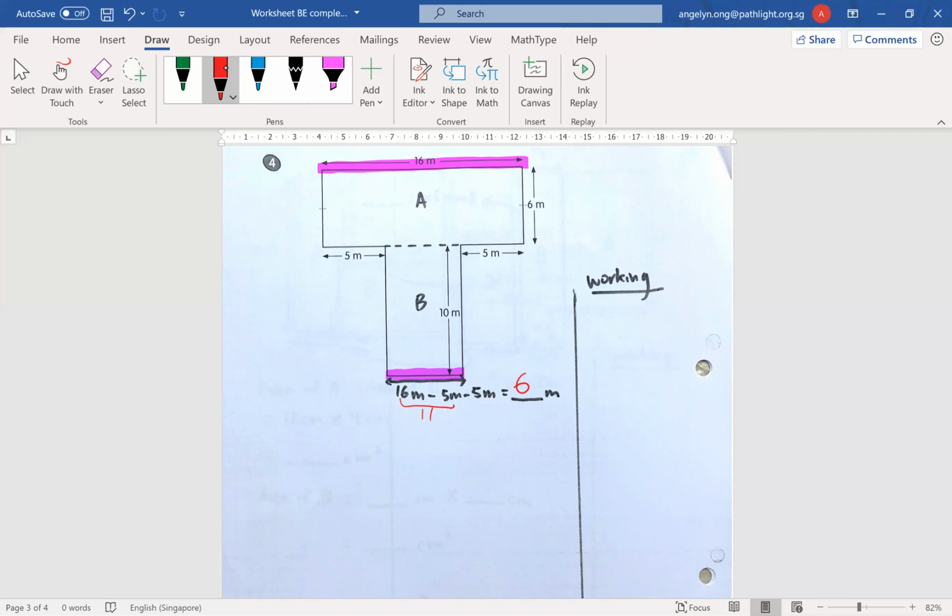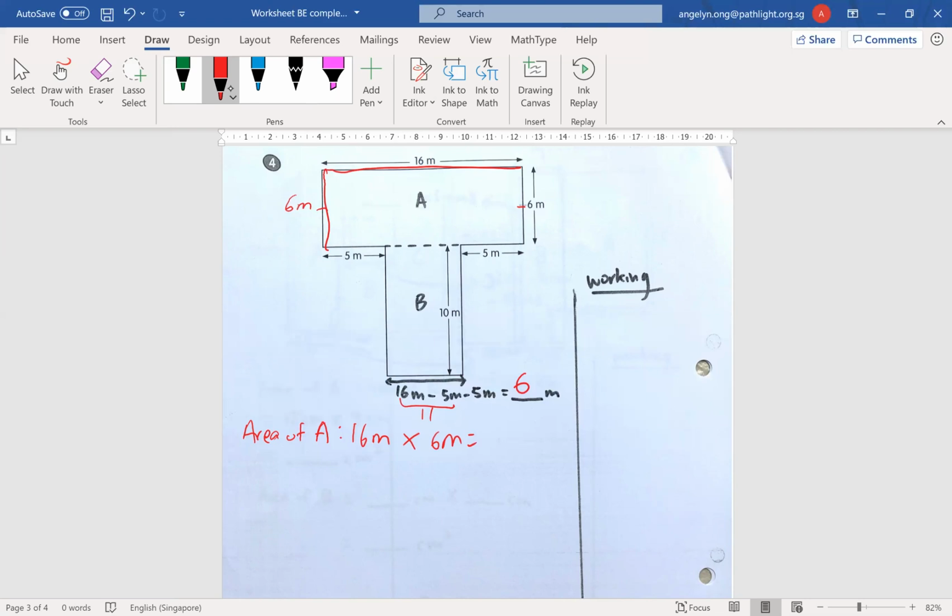Okay, and then it's marked out that this and these are the same. That means if this side is 6 on the right, the left side is also 6. Okay, so let's begin finding our areas. So we have area of A is length of 16 meters multiplied by breadth of 6 meters.